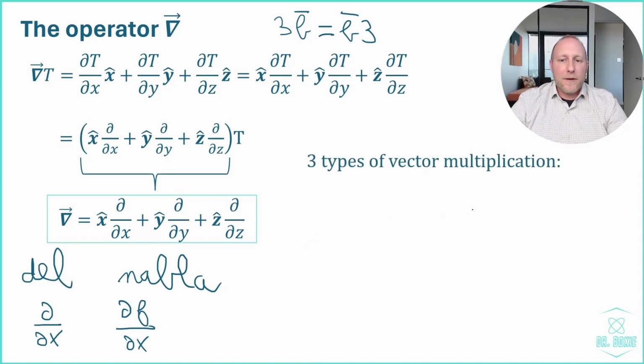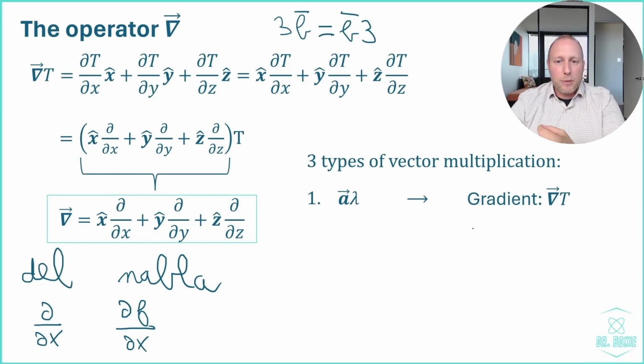Now we had three different kinds of multiplication, and they will give us three different kinds of derivatives that we will need. The first one is the multiplication of a vector with a scalar, and if instead of taking a multiplication, we actually take an application, we apply del to T, we get what is known as the gradient, which is what we studied now. But there were two other kinds of multiplication.